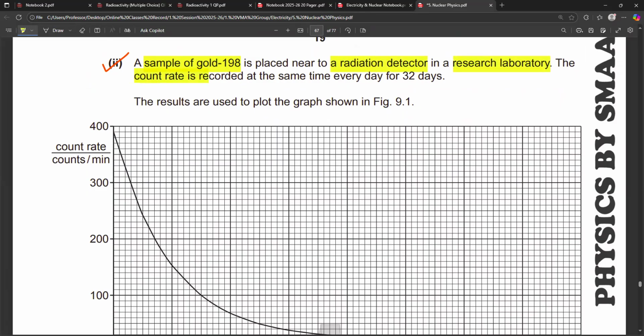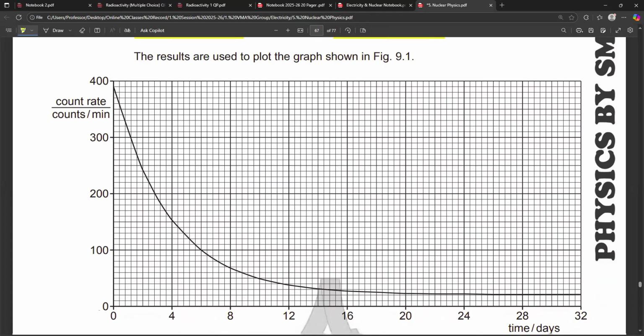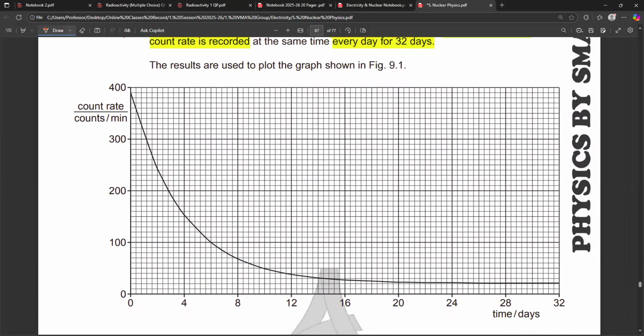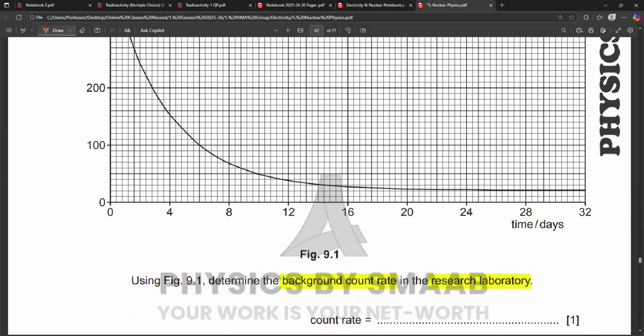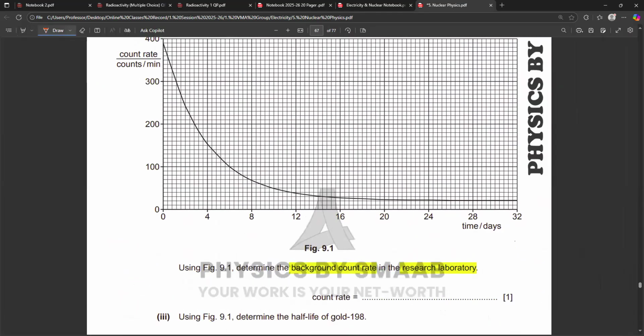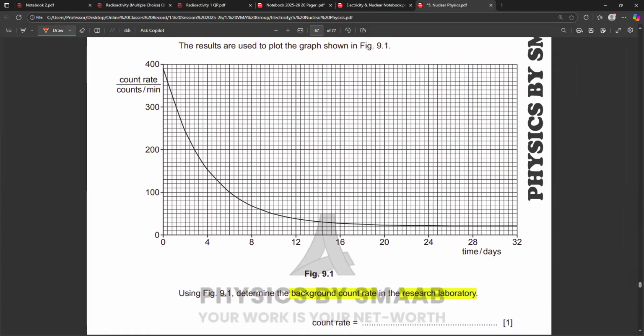The count rate is recorded at the same time every day for 32 days. And you can see this is the graphical representation we got from the observation after 32 days. Using figure 9.1, determine the background count rate in the research laboratory. So can you identify the value of the background count rate from this graphical representation? Any idea?